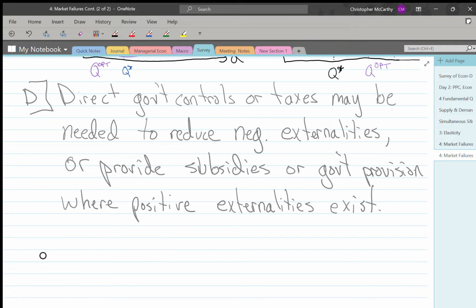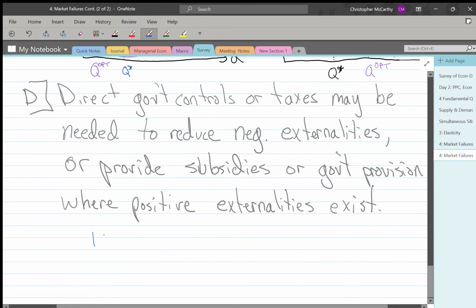So what are direct controls? Direct controls are just what you think they are. They place limits on the amount of offensive activity that can occur.